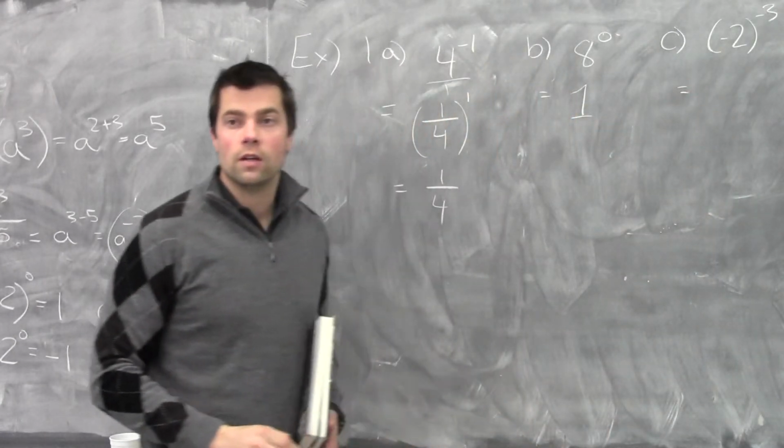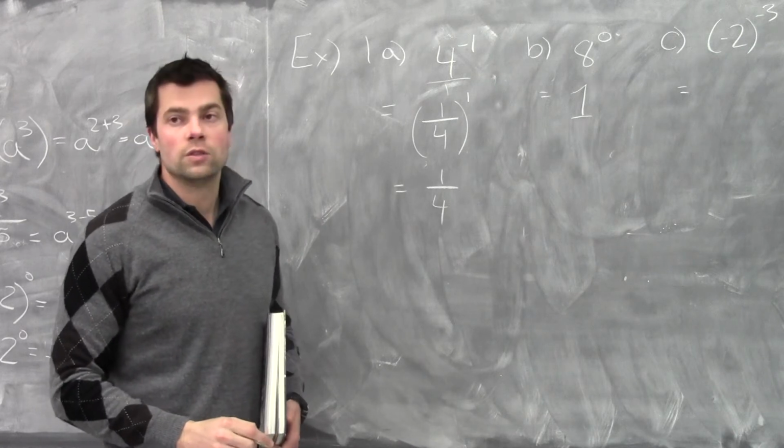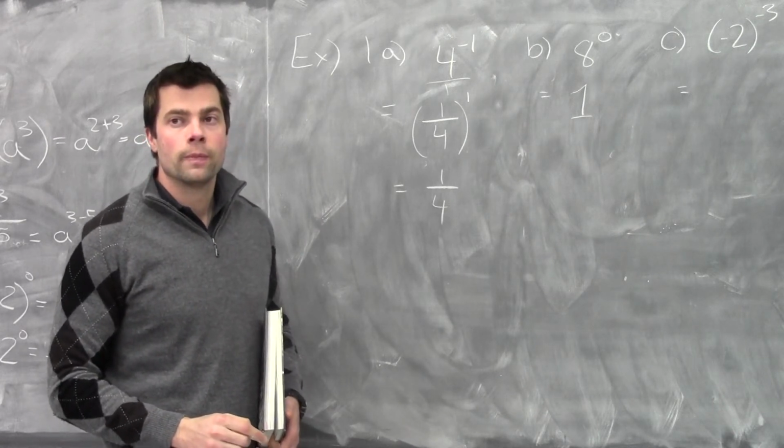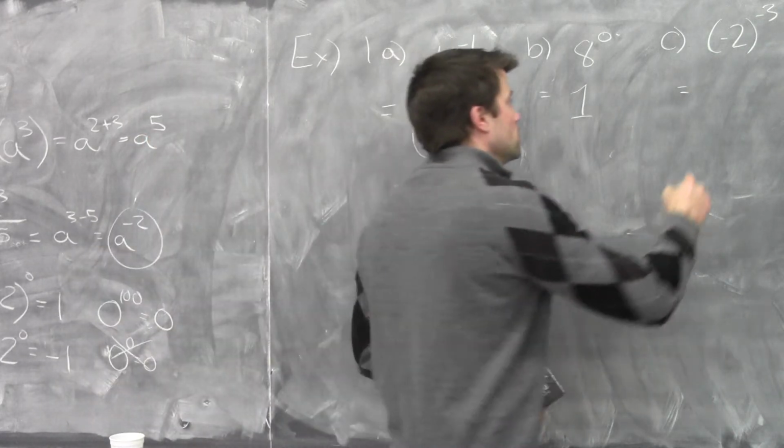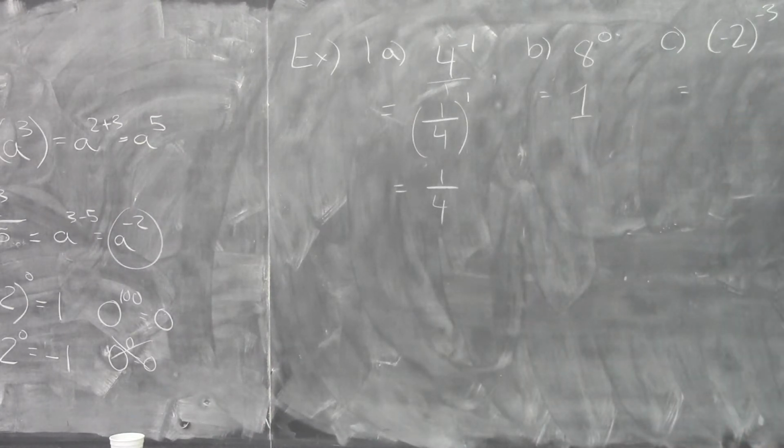Next one, Ace. Negative 2 to the exponent of negative 3. Go step by step. So what's the first step? Whenever you see a negative exponent, you're going to do what to the base? It'd be 1 over 2. Good. Not 1 over 2, but 1 over? Negative 2, because it's in brackets. Okay, and then all of that to the exponent of? 3.